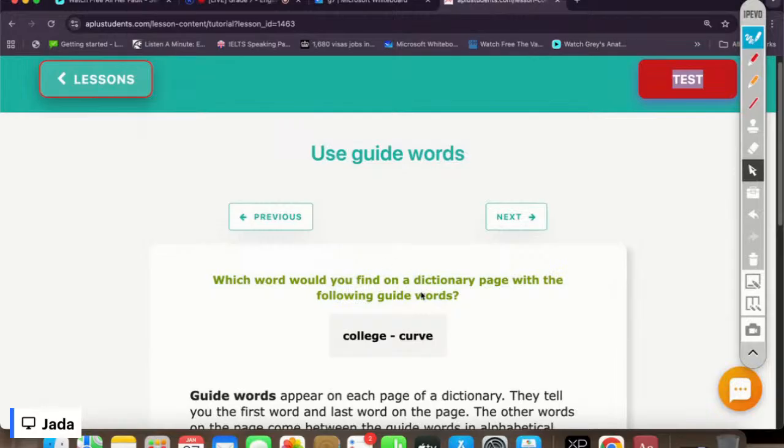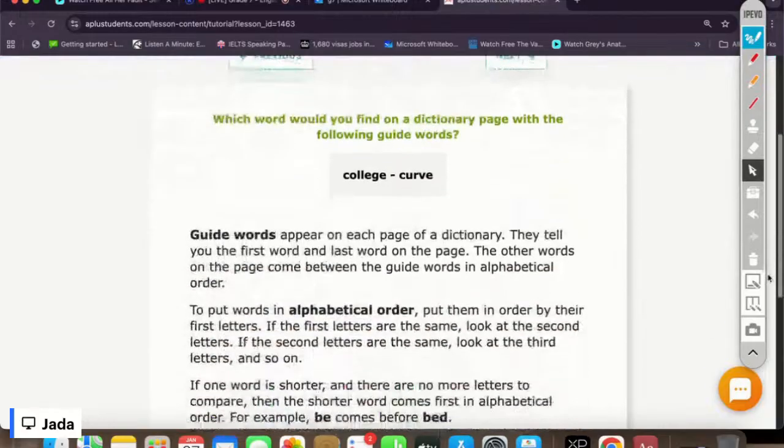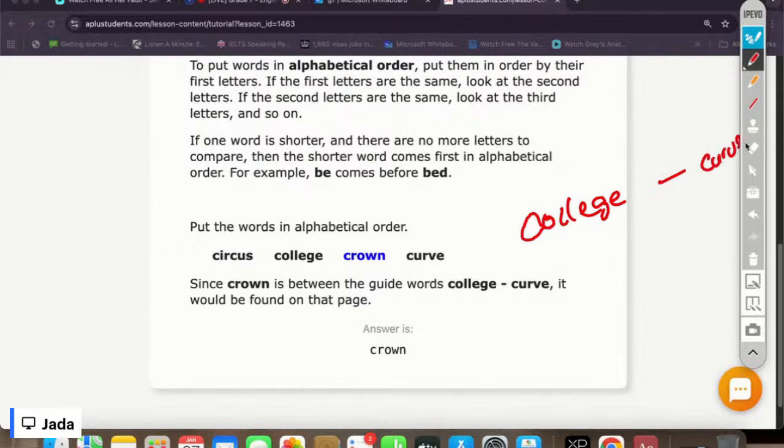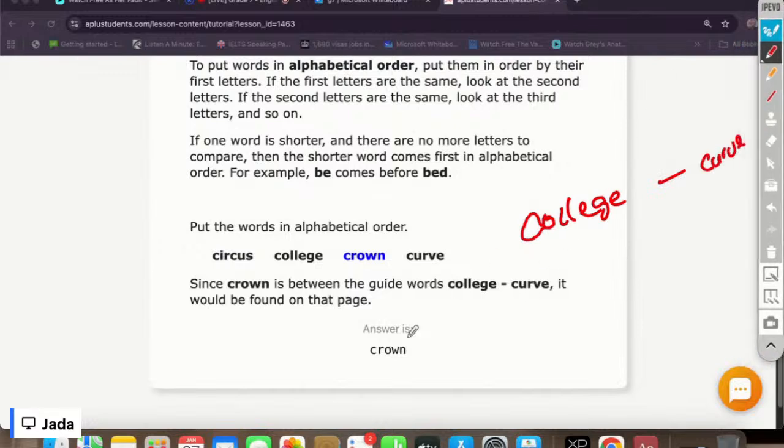Alright, so which word would you find on the dictionary page with the following guide words? We have college and we have curve. So we have circus and we have crown, right? So college is O and curve is U, right?